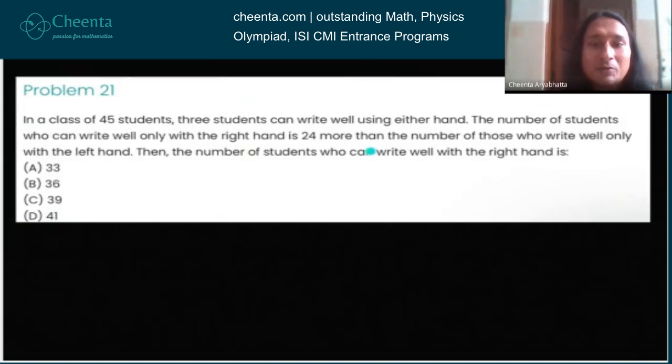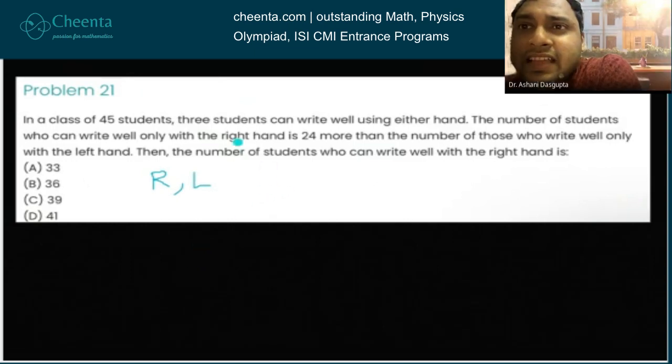Suppose the set of students that are able to write with the right hand is R, and the set of students that are able to write with the left hand is L. Then the problem tells you a number of things.